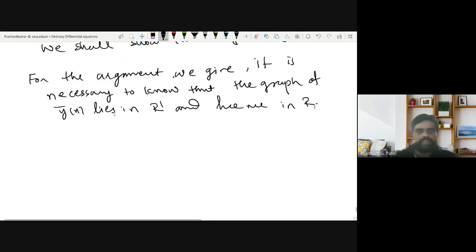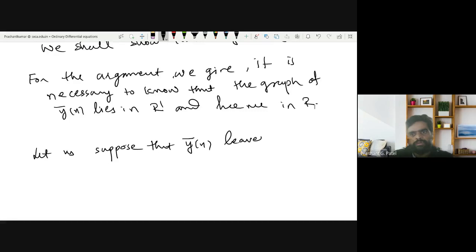That means I have to prove first that it is in R dash. So let us suppose that y bar of x leaves R dash.